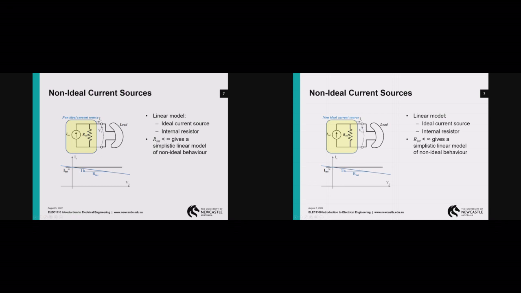So again, in my characteristic, I've got constant current from an ideal source, but with that resistor, as the voltage gets bigger, that current reduces. So again, what I've done is to make an equivalent circuit model that behaves like a real current source would.